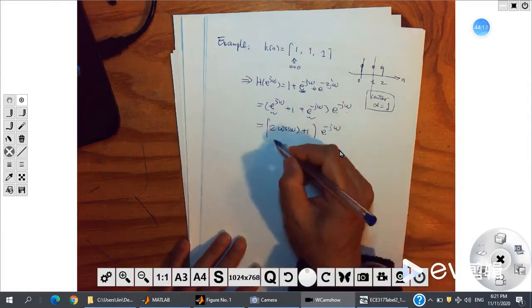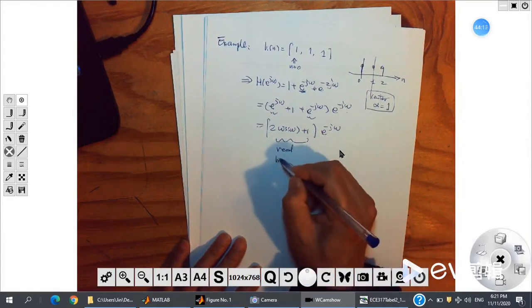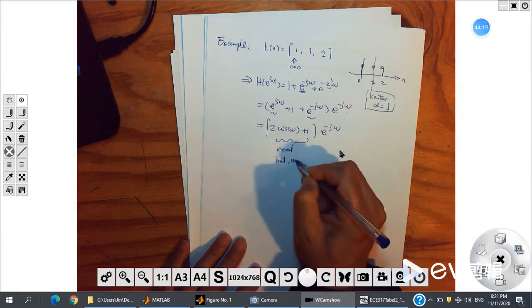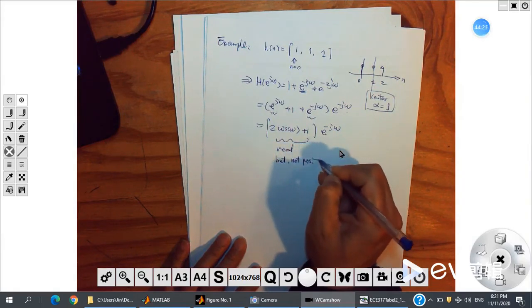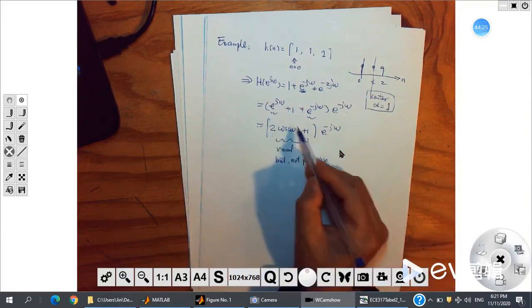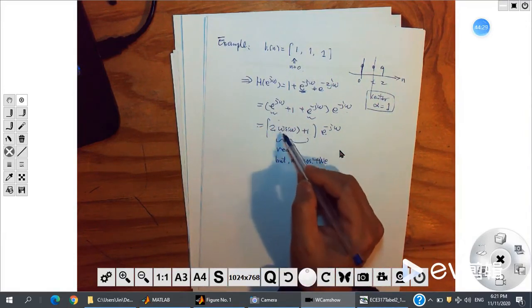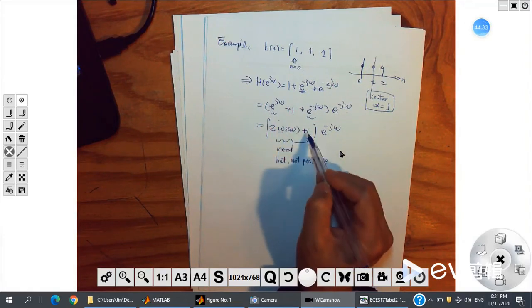Okay, this one is real, no problem, but not positive. If cosine omega is between positive and negative 1, then 2 cosine omega is between positive and negative 2. When this one is negative 2, plus 1 you get negative 1.